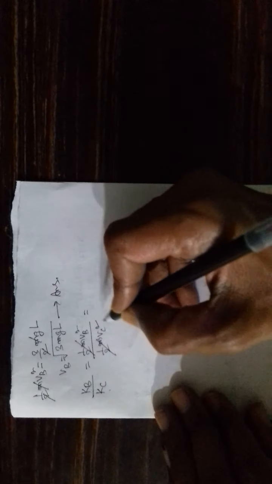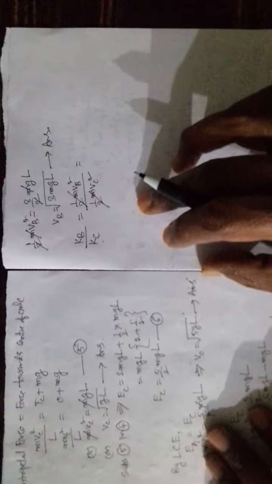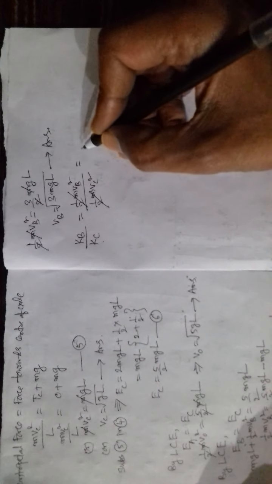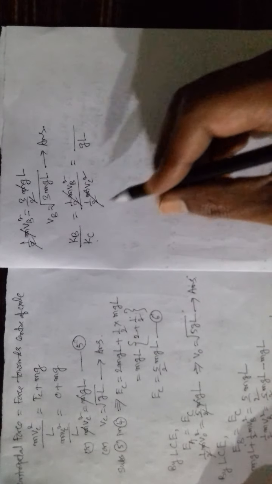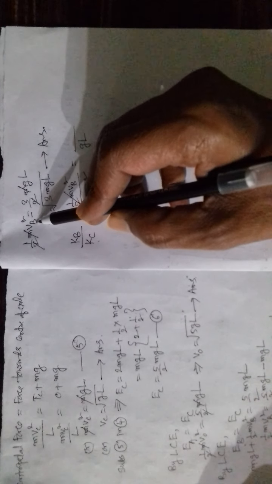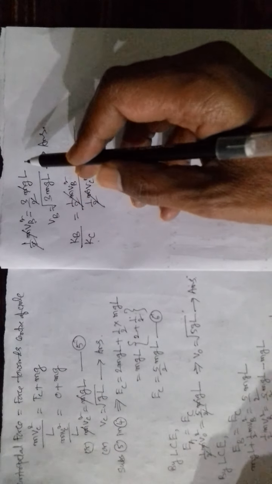Here vc square is equal to gl, and vb square is equal to 3gl.